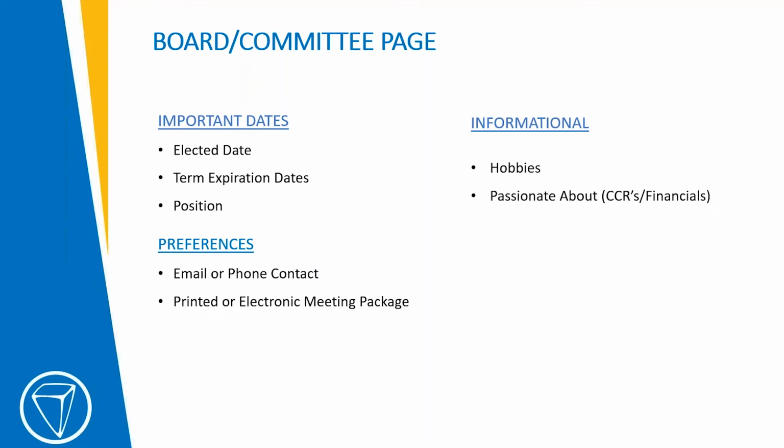You could even track things like their hobbies, just ways to create that trust and bond with board members, personal and business wise, and things that they're passionate about. If they're really passionate about CC&R violation enforcement, or they're really passionate about the budget, just having that information. So if you do have any manager turnover, it's great to get in there and really see the full vision of who you're going to be working with.